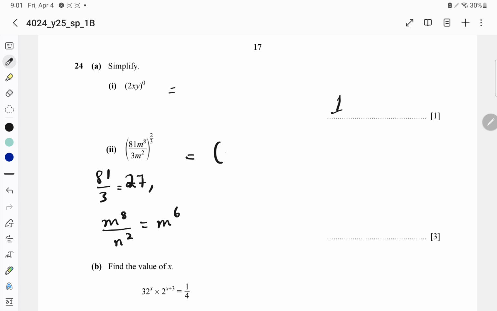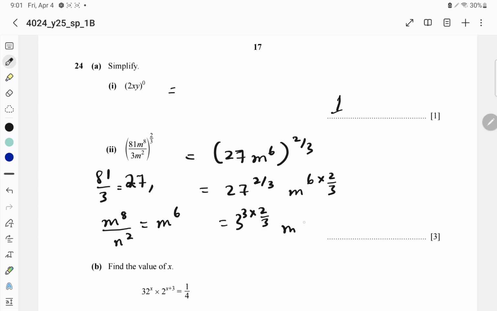So it means 27 m^6 to the power 2 over 3, 27 to the power 2 over 3, m^6 times 2 over 3. This is 3 cubed into 2 over 3, m 3 times 2, m^4, and 3 cancel, 3 squared into m to the power 4, 9 m to the power 4.